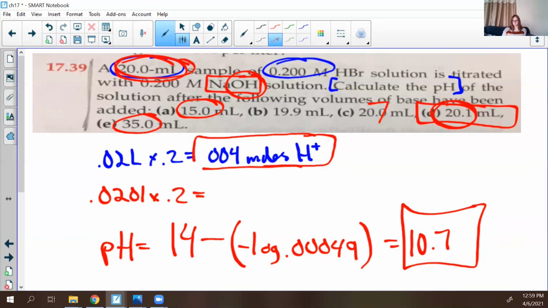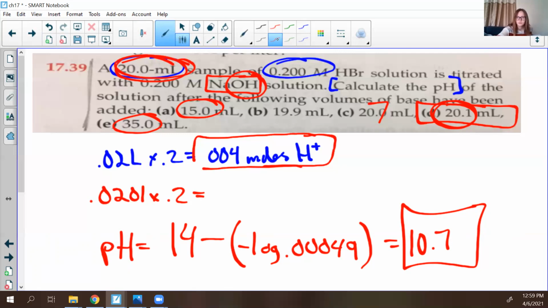On the AP chemistry test, if you just wrote the work but not the final answer, you would not get full points.